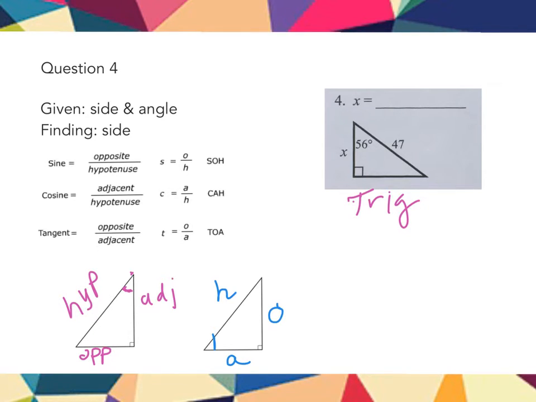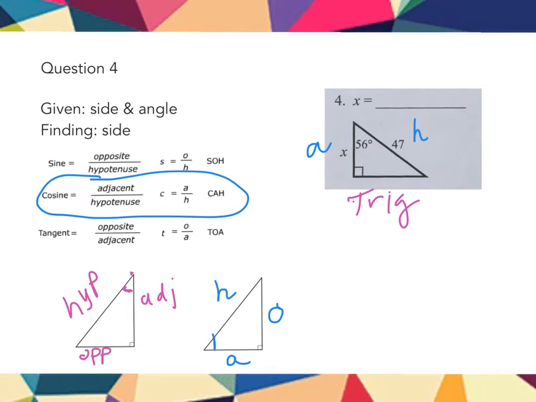So now if we go to our picture and we look at what we're given, the hypotenuse, and we're solving for the adjacent side. We don't have or need any information about the opposite side. That should tell us that we're going to use cosine for this problem.